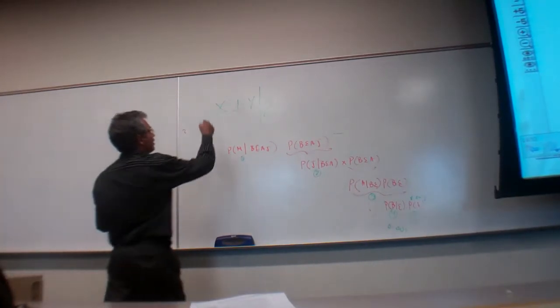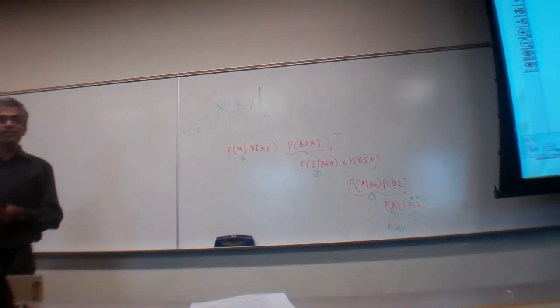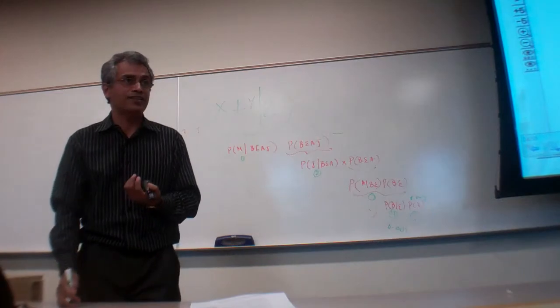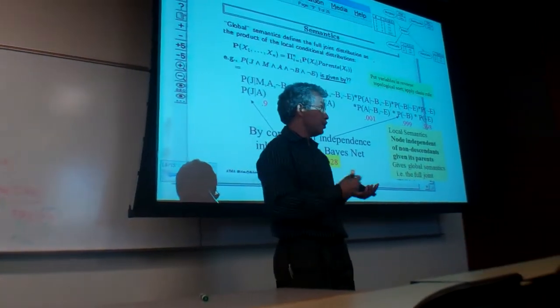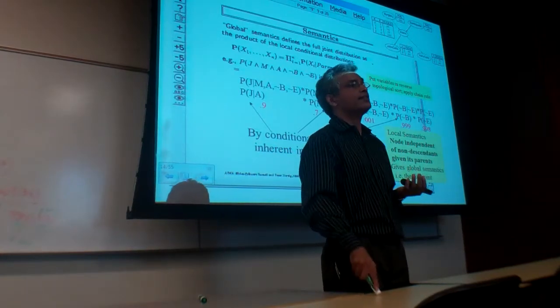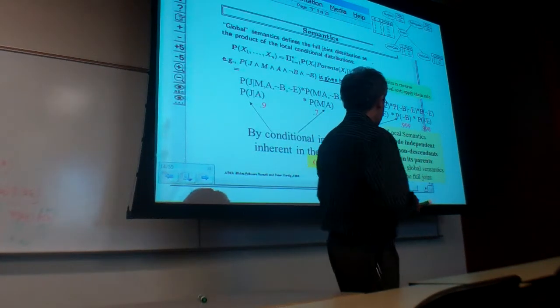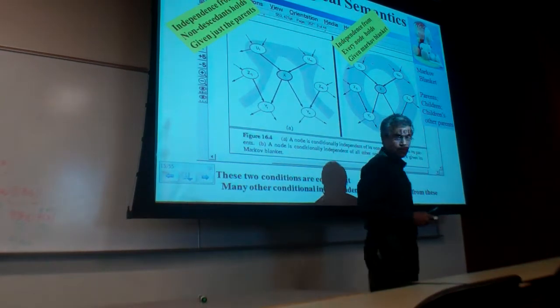If I can answer this question for any subsets x, y, z of the original set of variables, then I know how to answer all the conditional independence assertions. Now it turns out you can live in Bayes networks without understanding how to answer that question. However, if you're interested in the theory, that's what you need to understand. How do you get these conditional independence assertions? The minimum that you want to understand is two ideas of conditional independences.